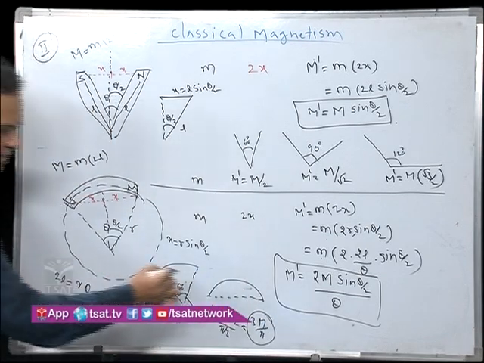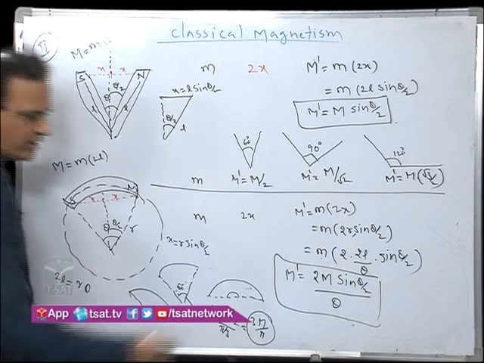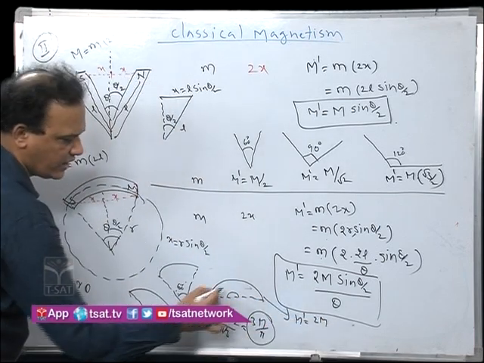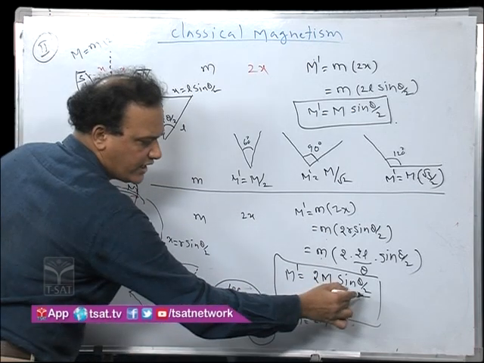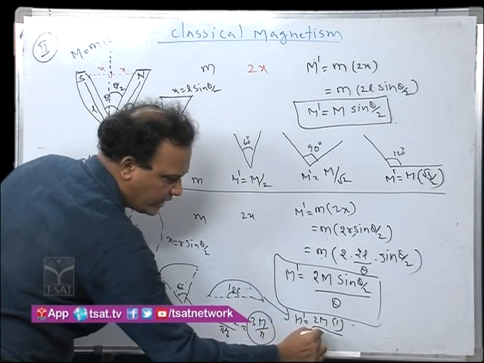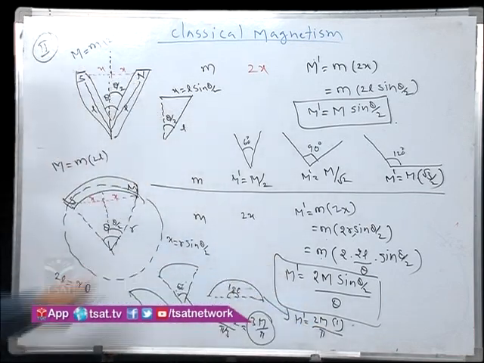If it is bent through 180 degrees, m dash is equal to 2m sin 90, that is 1, with theta in radians, so you take the pi value, so 2m by pi.